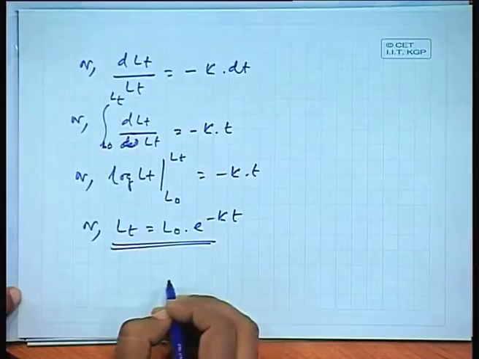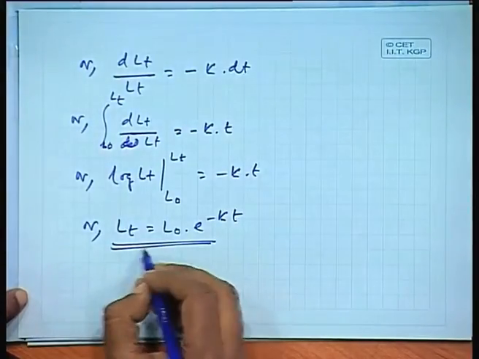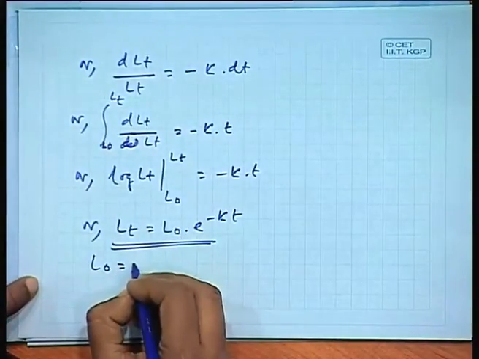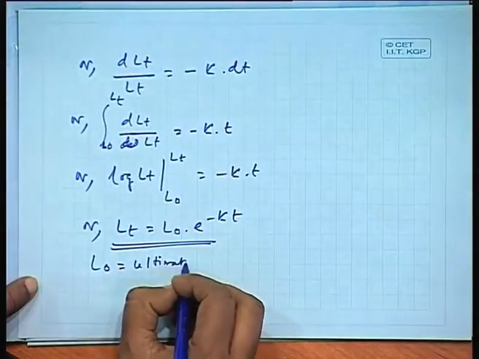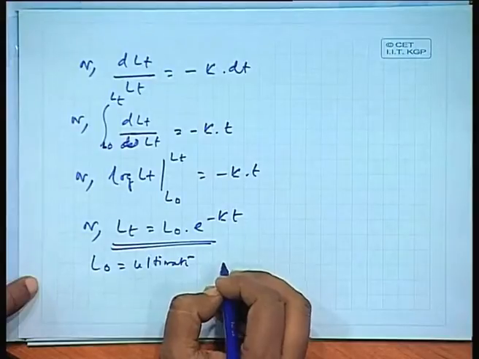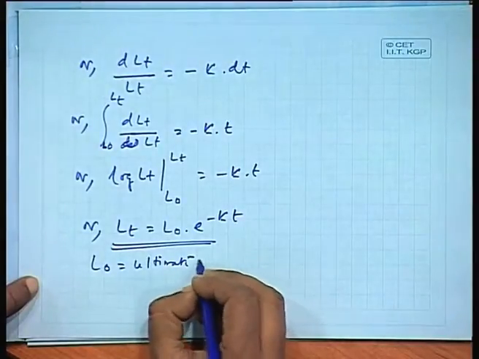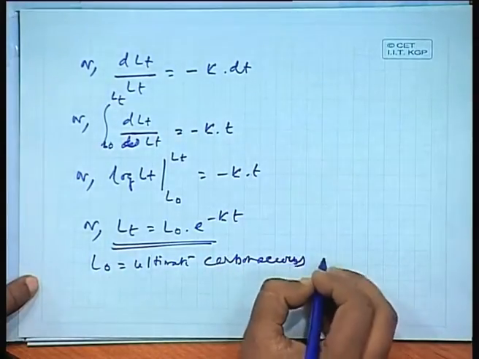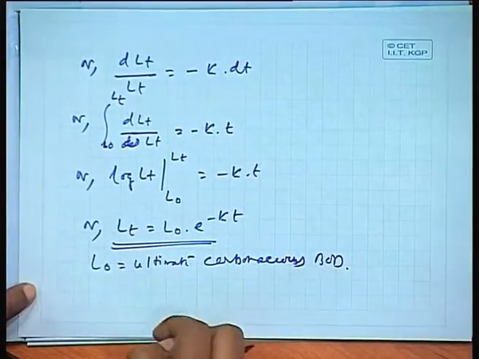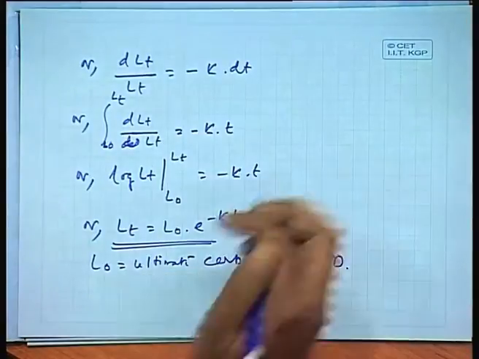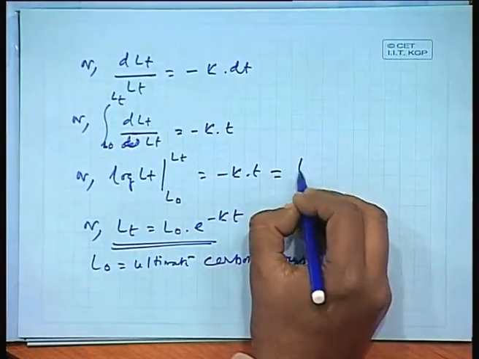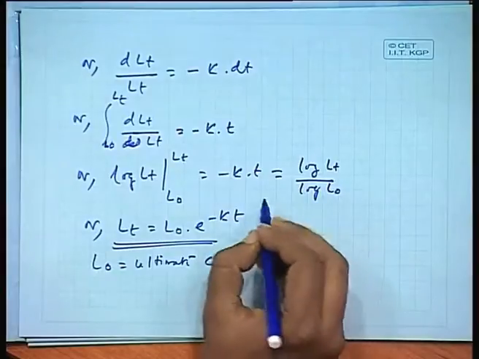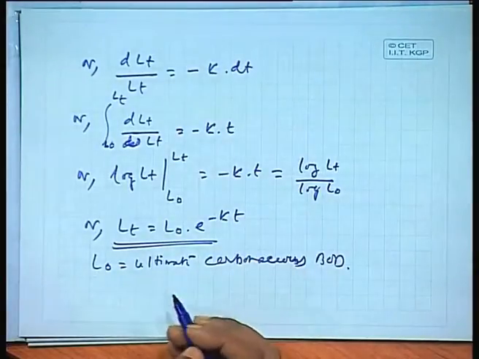At any point of time L0 is known as the ultimate carbonaceous BOD. Remember this, ultimate carbonaceous BOD.